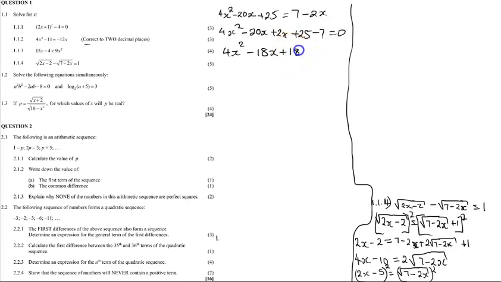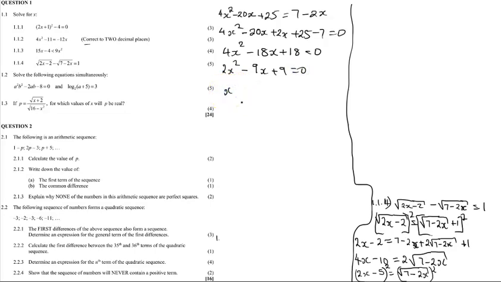So it's plus 18. All this equals to 0. And then we can divide by 2, and then we have 2x squared minus 18 over 2, it's 9x, and then plus 9 equals 0.